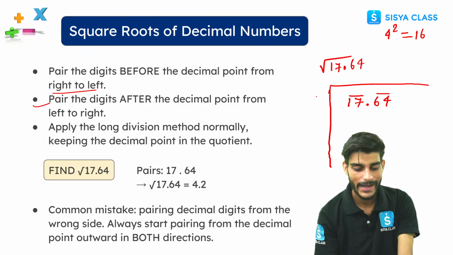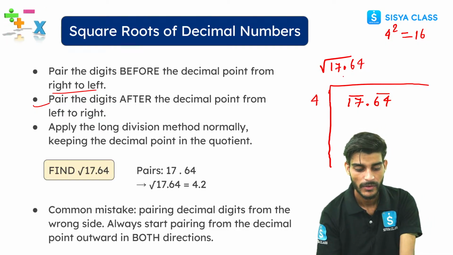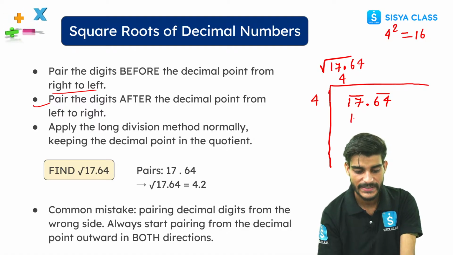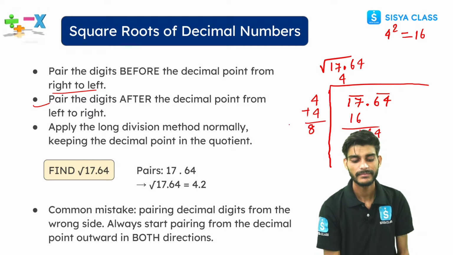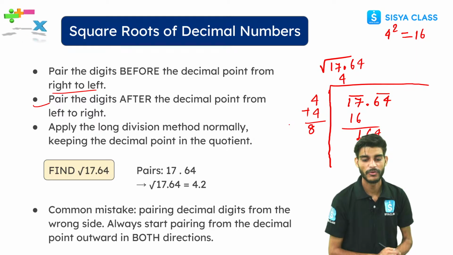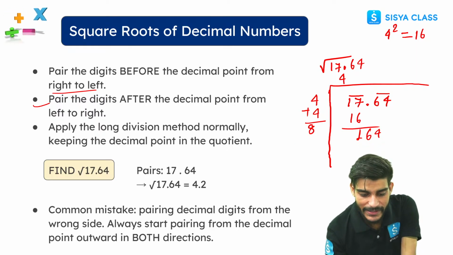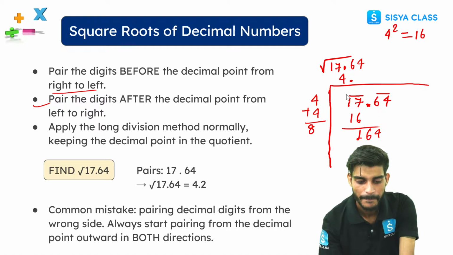So 3 square, I'll write 3 here, 3 at the top. So 3 into 3, 9. Just write the pairs here. I'll add the numbers, 3 plus 3, 6. This is what you have to do. Now here we have a decimal point. So I'll put a decimal here. Clear?